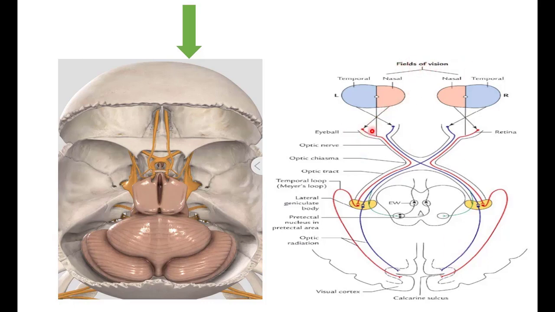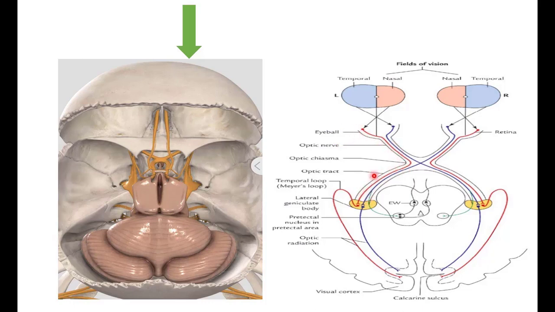It's so important. And after the optic chiasm, we have the optic tract that consists of the nasal part of the contralateral side and the temporal side of the retina fibers.